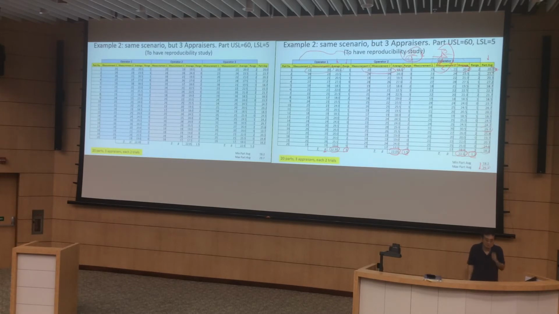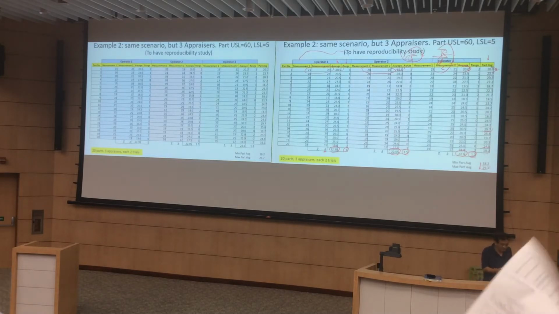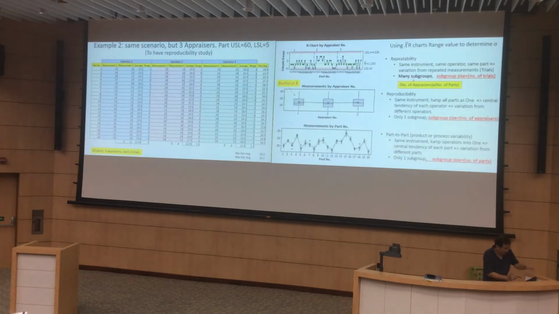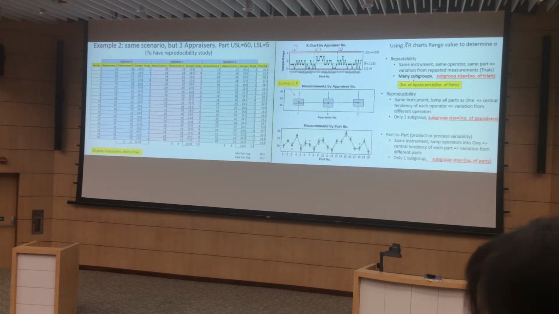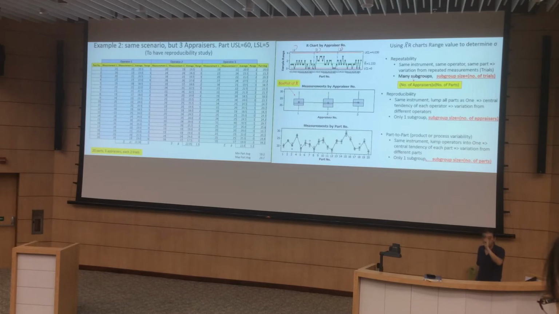To measure repeatability, we apply the same technique we learned earlier. Between operator 1, operator 2, and operator 3, each of them measures 2 units, so the sample size is n equal to 2.